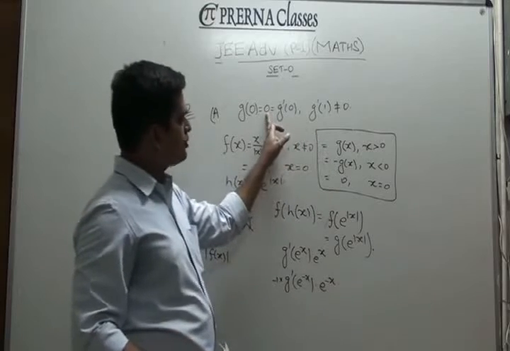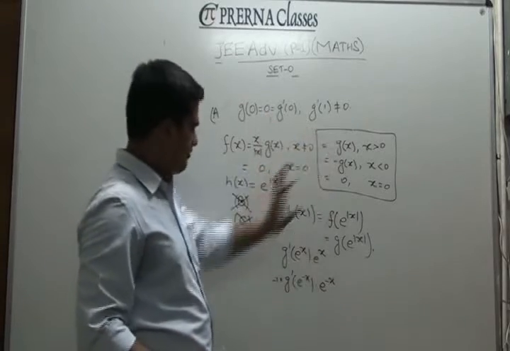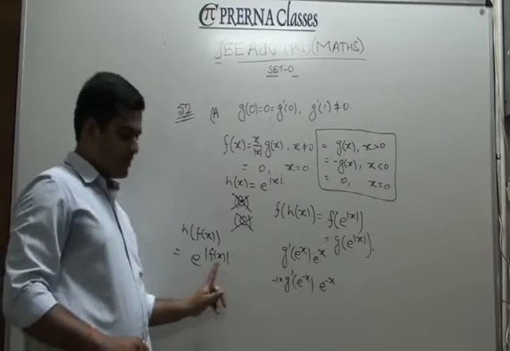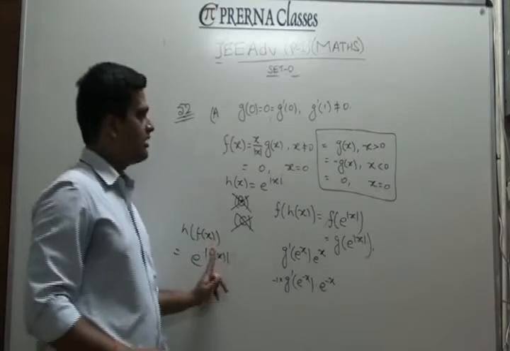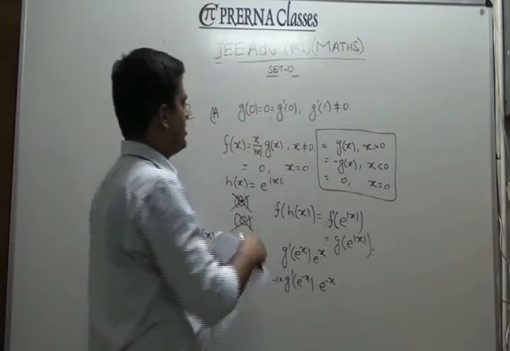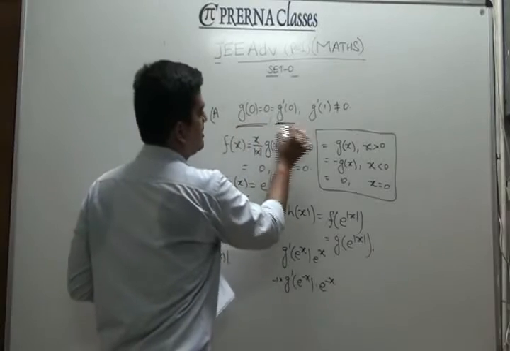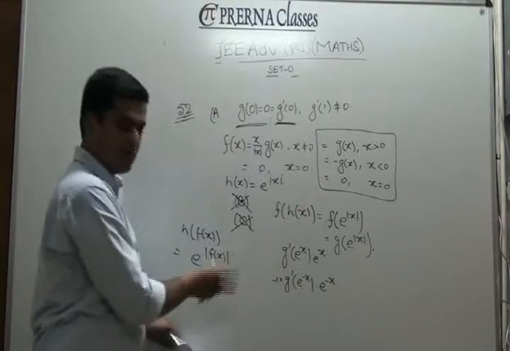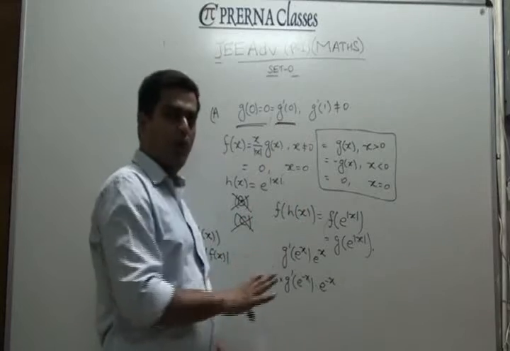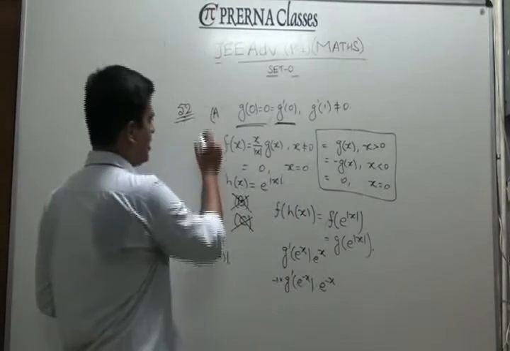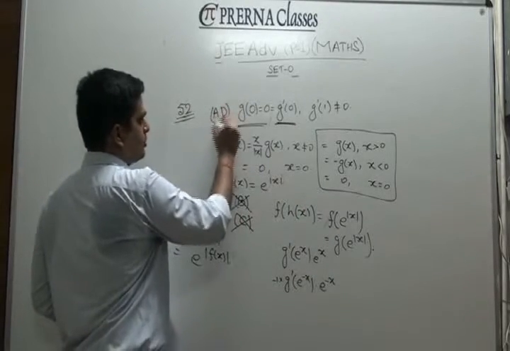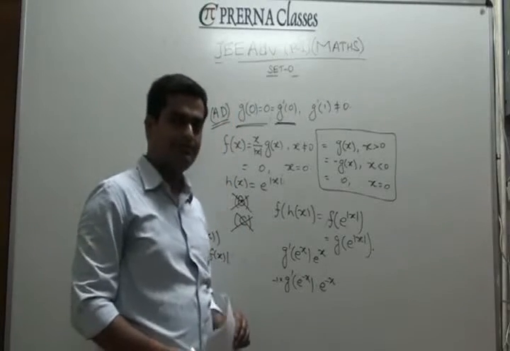Since g of 0 is also 0, you can then claim that at 0 its RHD and LHD are also going to be same because of this condition as well as this condition. Since you differentiate this, you will end up getting both values 0, so that function is differentiable. Clearly then the correct answers for this problem are going to be A and D.